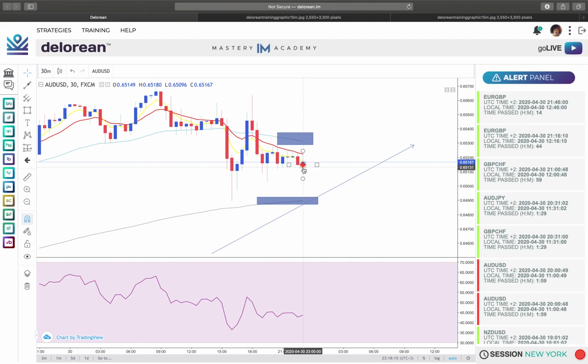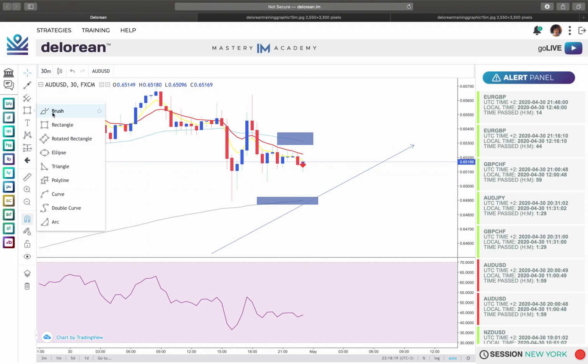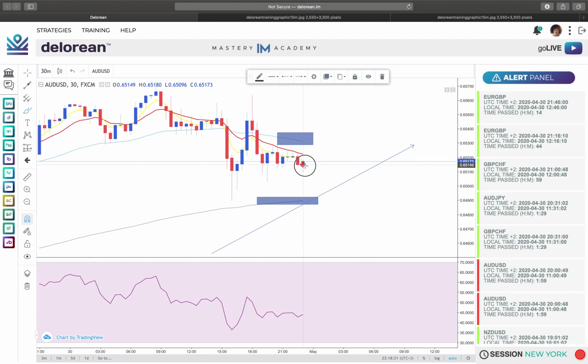Here's the catch-22: you need this market to show its hand and come down to the gray. The aqua will be above you, the gray will be below you. The moment the market comes down to the gray, you're looking for Delorean setups.